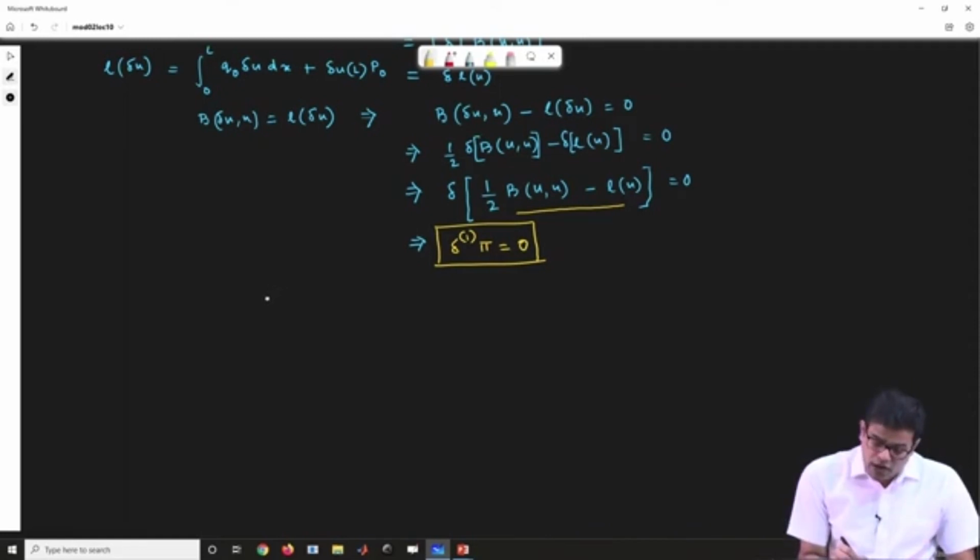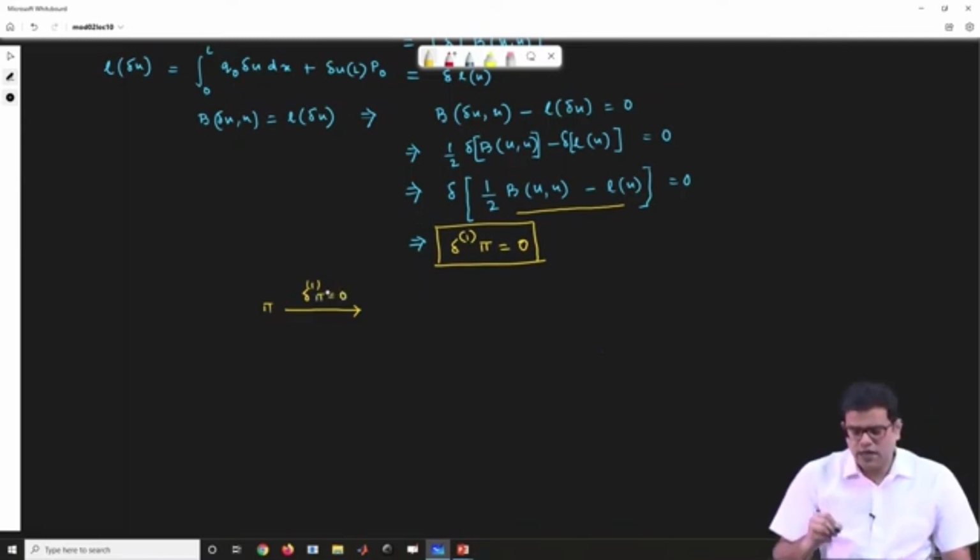Now, I think we have discussed this in the last class. Basically, you have a potential energy functional, and when you take its first variation, delta pi is 0, then you get its strong form, which we have seen in the last class.